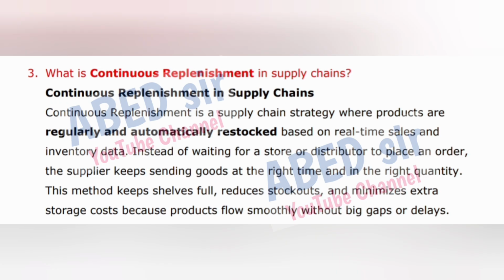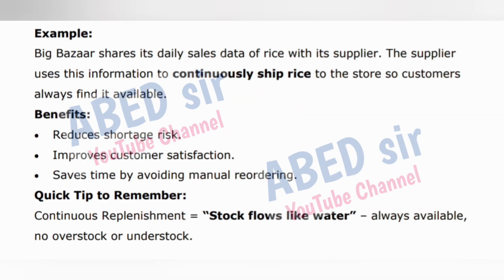This method keeps shelves full, reduces stockouts, and minimizes extra storage costs because products flow smoothly without big gaps or delays. Example: Big Bazaar shares its daily sales data of rice with its supplier. The supplier uses this information to continuously ship rice to the store so customers always find it available.